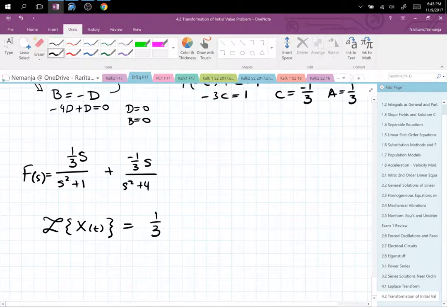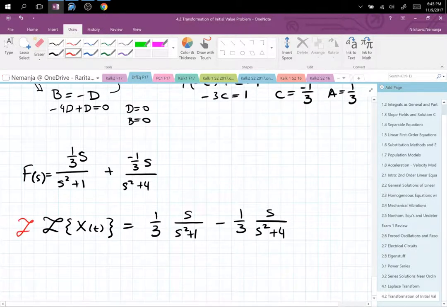So I have 1/3 s over s squared plus 1 minus 1/3 s over s squared plus 4. I am going to hit both sides with the inverse Laplace. The inverse Laplace kills off Laplace. We get x of t.